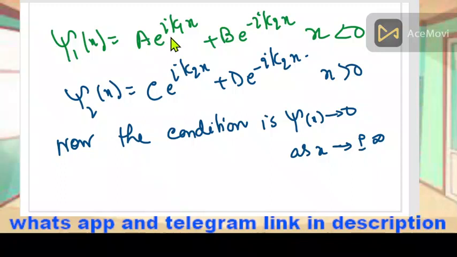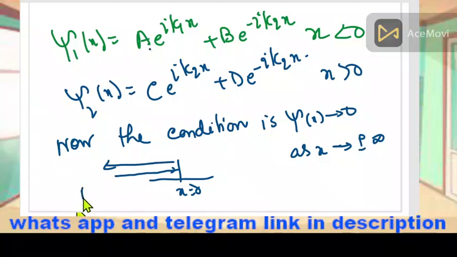In this region, if x tends to minus infinity, then psi 1 of x will blow up. So what do we have to do? We have to eliminate some quantities. Which quantities should we eliminate? This is x less than 0, x equal to 0 is here, and in x less than 0 one wave is coming, then it is getting reflected back.